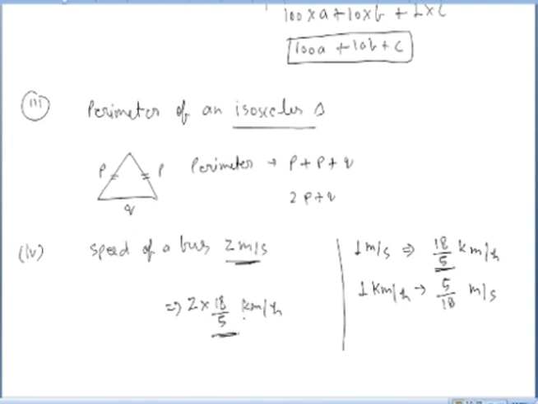Okay, now the next question. A pair of shoes costs rupees x. So a pair of shoes, the cost of this is rupees x, and the cost of a dress is 200 more than 5 times the cost of the shoes.